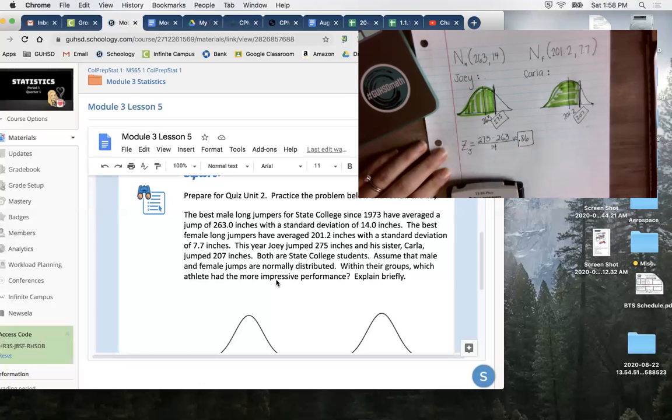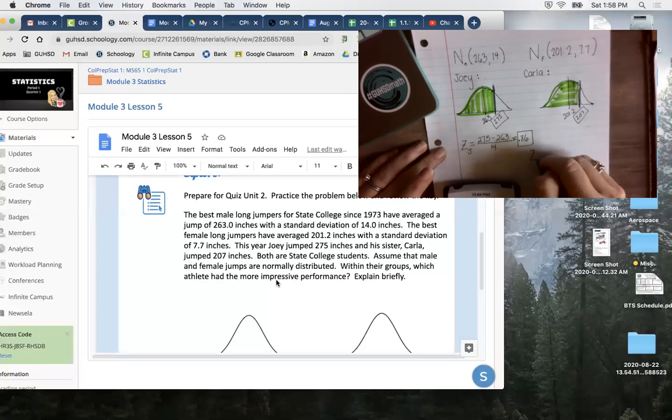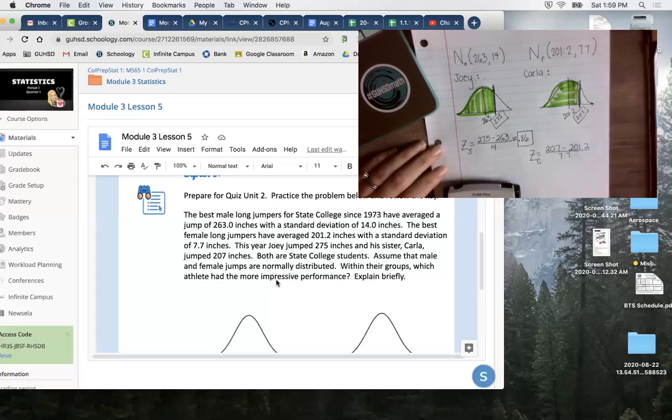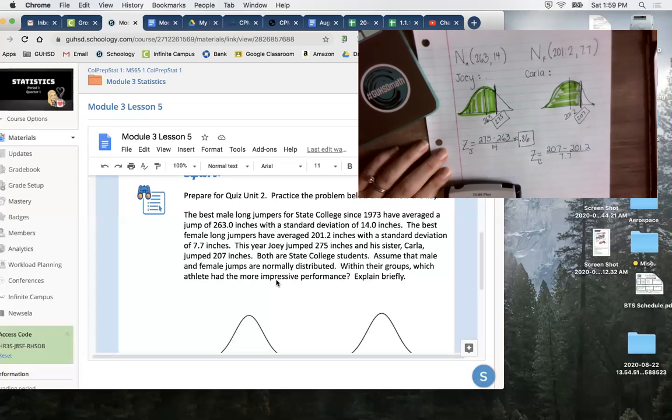I'm now going to do the z-score for Carla. For Carla, Carla jumped 207 inches, and compared to her mean of 201.2, that's her distance from the mean, but now I'm going to divide by the standard deviation to figure out how many standard deviations away from the mean she is.